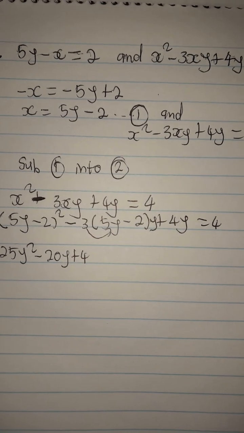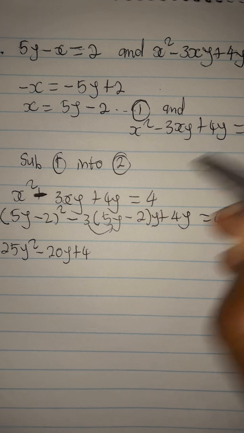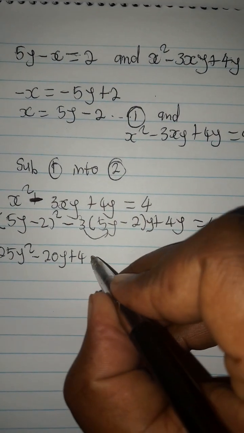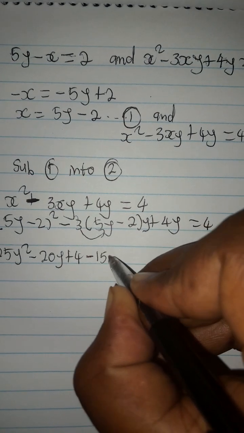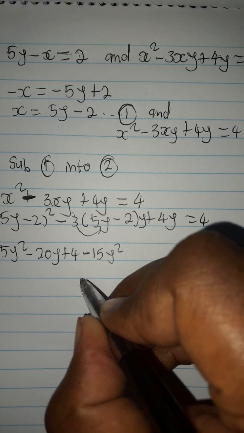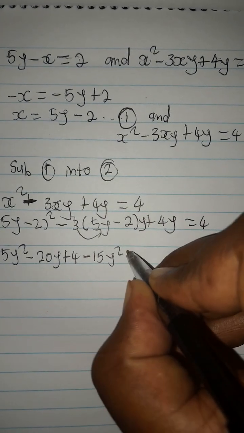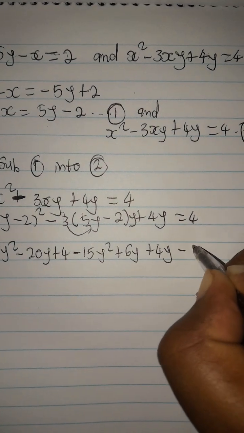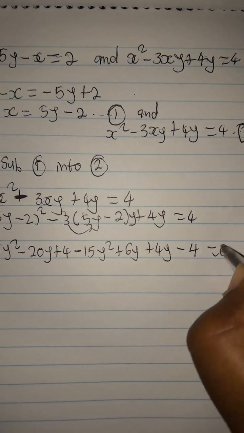So negative 3 times 5y will be negative 15y, times y, that will be negative 15y squared. Then negative 3 times 2 will be negative 6, times y, that will be negative 6y, plus 4y, which is minus 4. Then we equate it to 0.